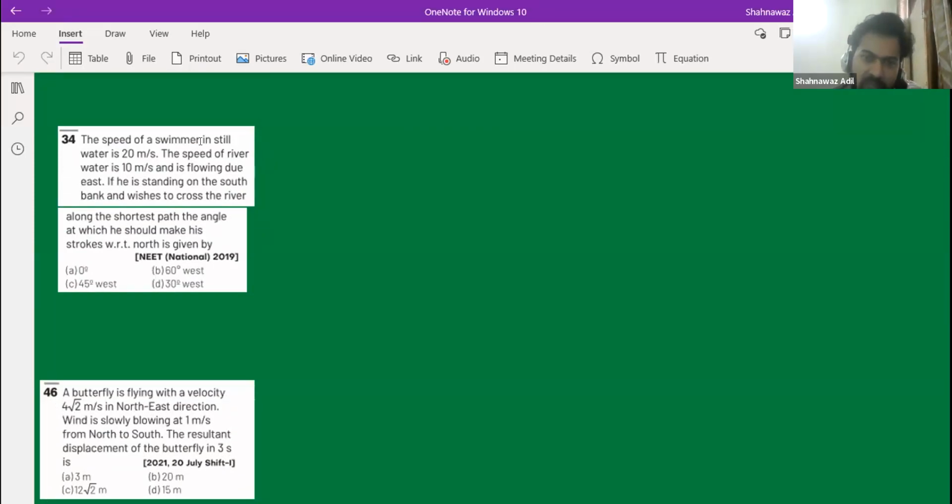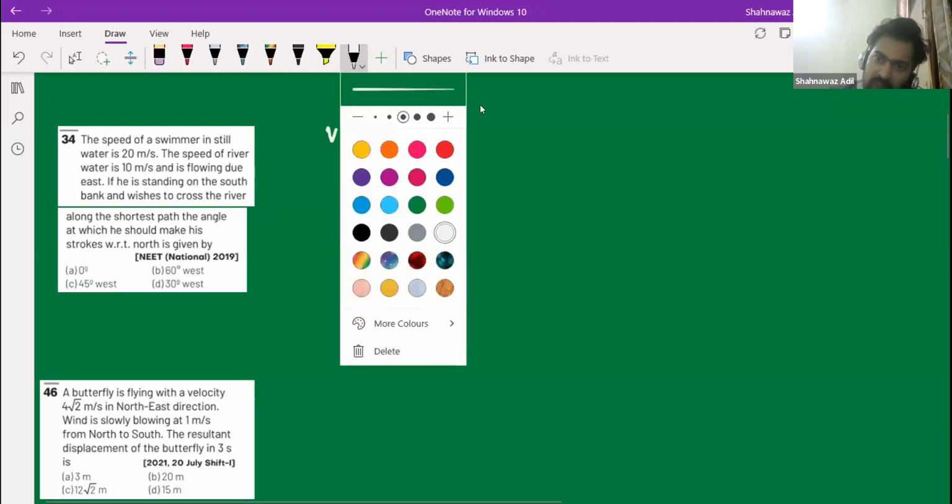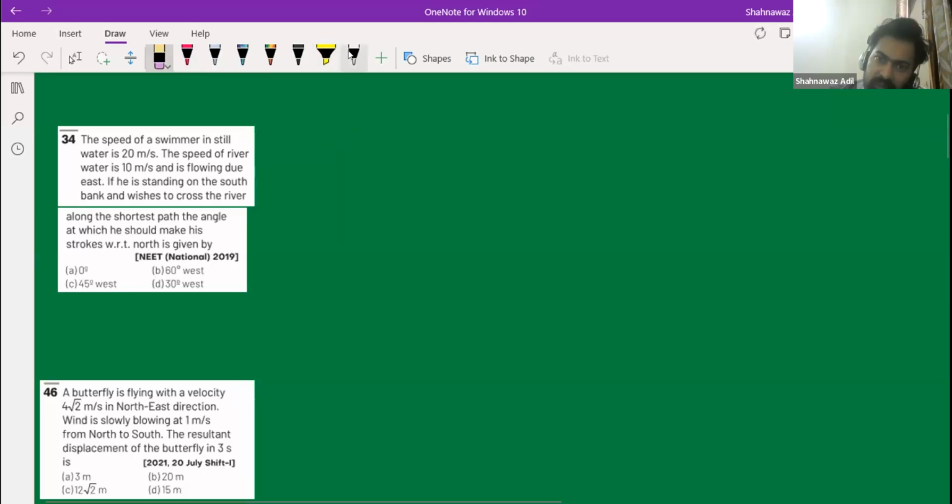The speed of a swimmer in still water is 20 meters per second. So the velocity of the man is given, and this is 20 meters per second, right?